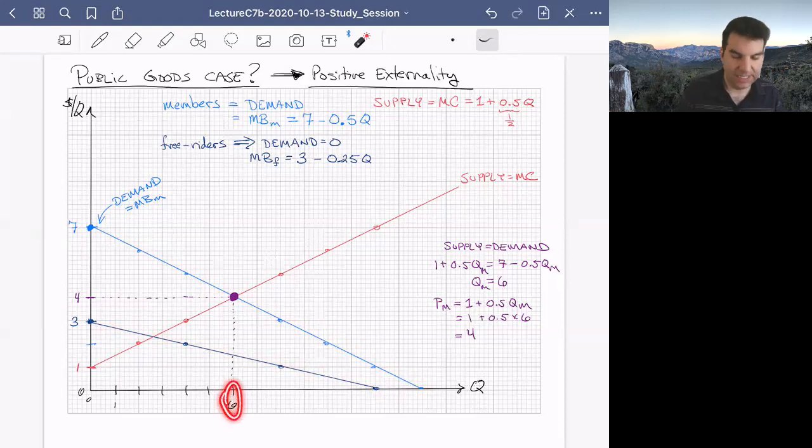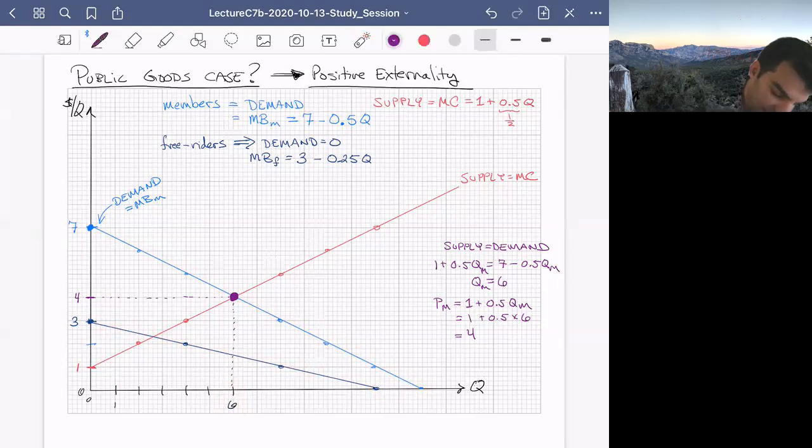So at 6 units of this good, you can say, what are these types of goods? I used public radio before, but pollution abatement might be more exciting to you if you're thinking in terms of sustainability. So you can imagine this is quantity of abatement.